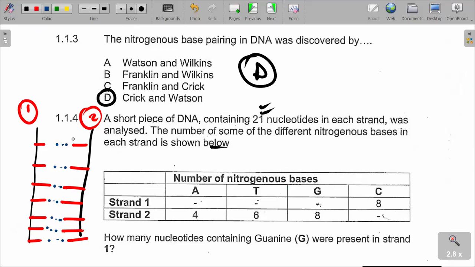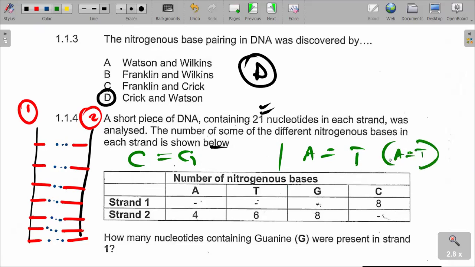And then I just want to remind and make it clear to you that we have base pairing: C pairs with what? With G, and A pairs with what? With T. This tells us that the total number of A is the same as the number of what?